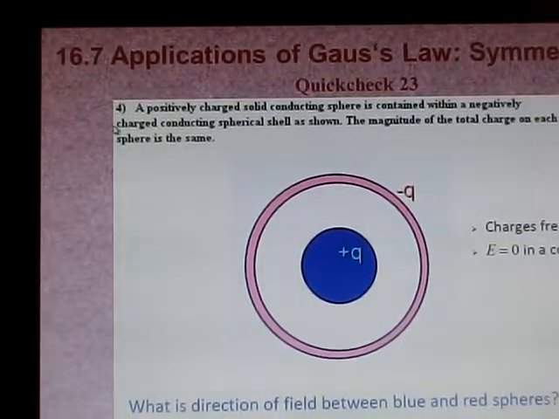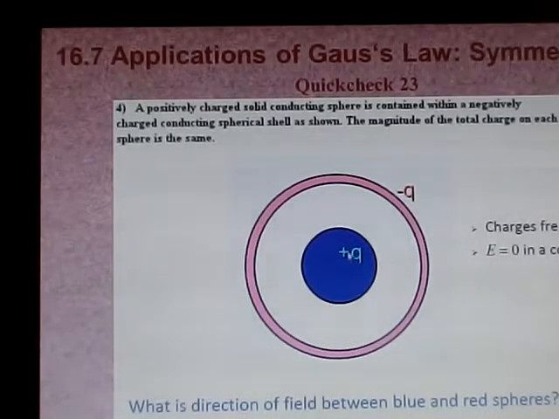This one says, a positively charged solid conducting sphere is contained within a negatively charged conducting spherical shell as shown. So here is the positively charged solid conducting sphere, and those pieces of information are important. It is conducting.